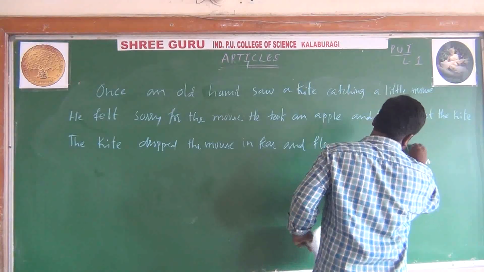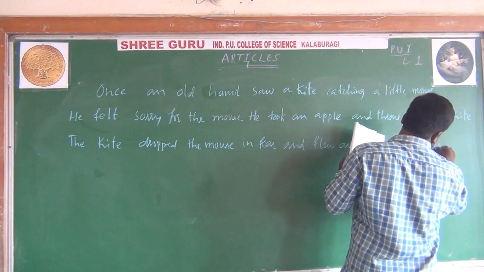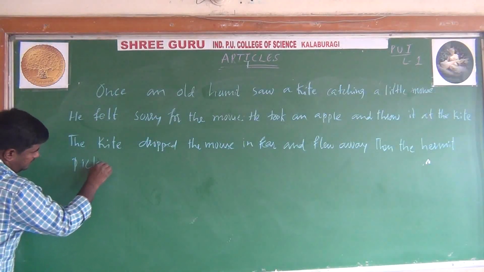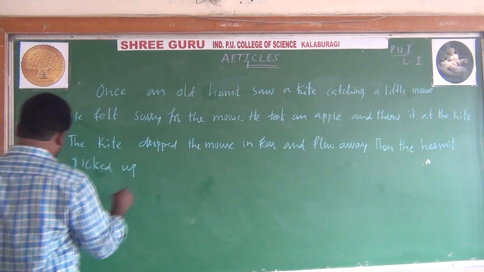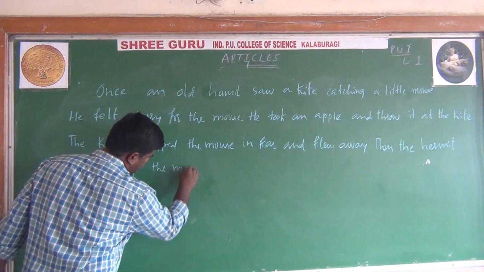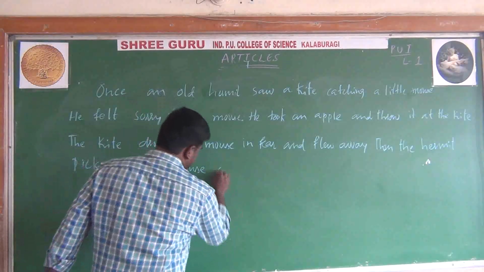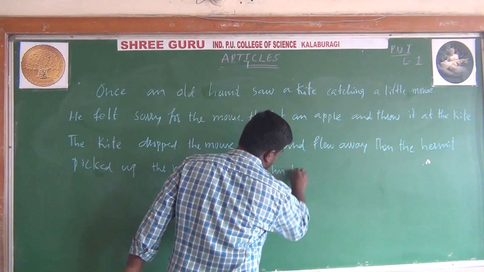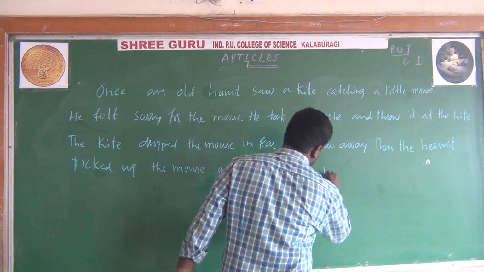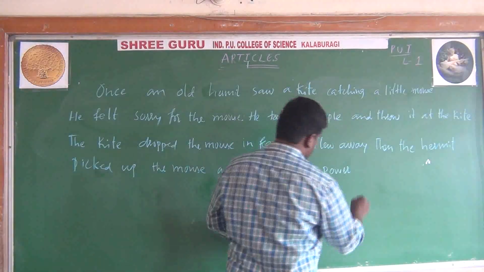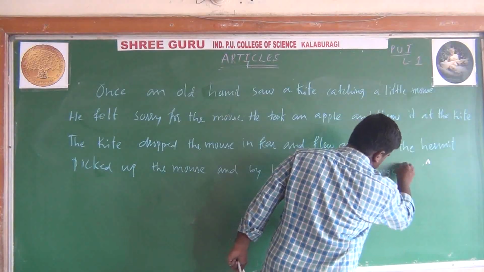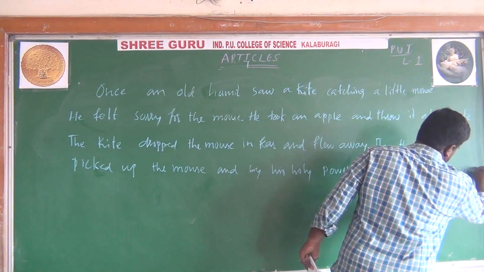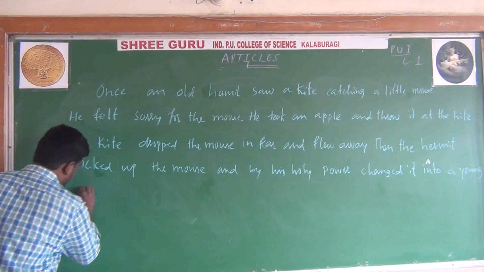Then the hermit picked up the mouse and by his holy power changed it into a young maiden.